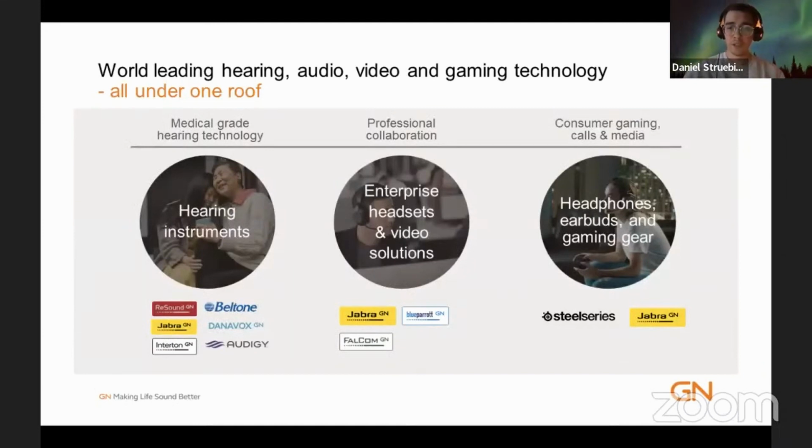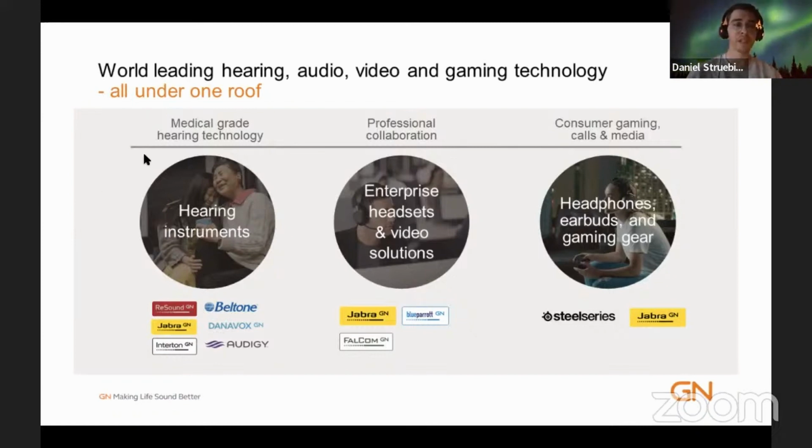Jabra itself is a brand that focuses on business headsets, speakerphones for meeting rooms, meeting room video and audio solutions. Jabra itself belongs to a bigger corporation within Denmark called GN. And GN is a big roof corporation for many other brands, and that is actually a very interesting field to work in. So there are basically three pillars here.